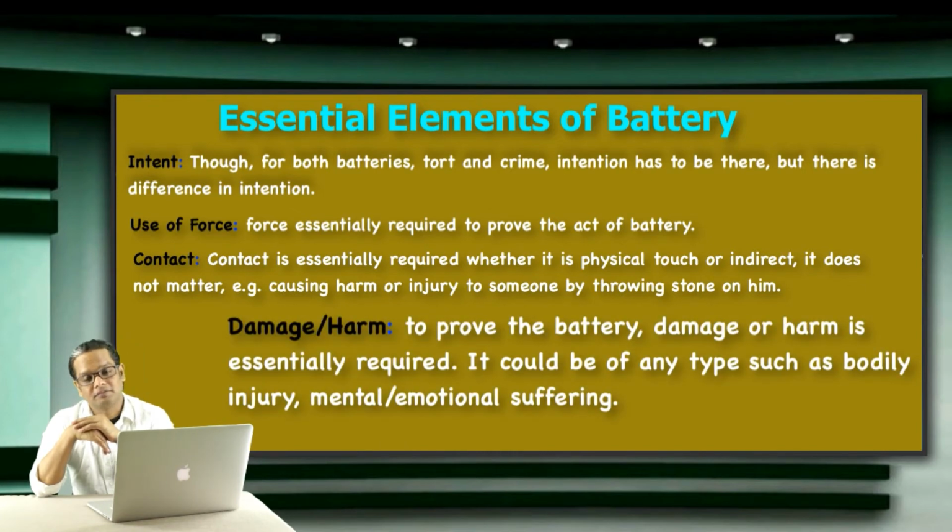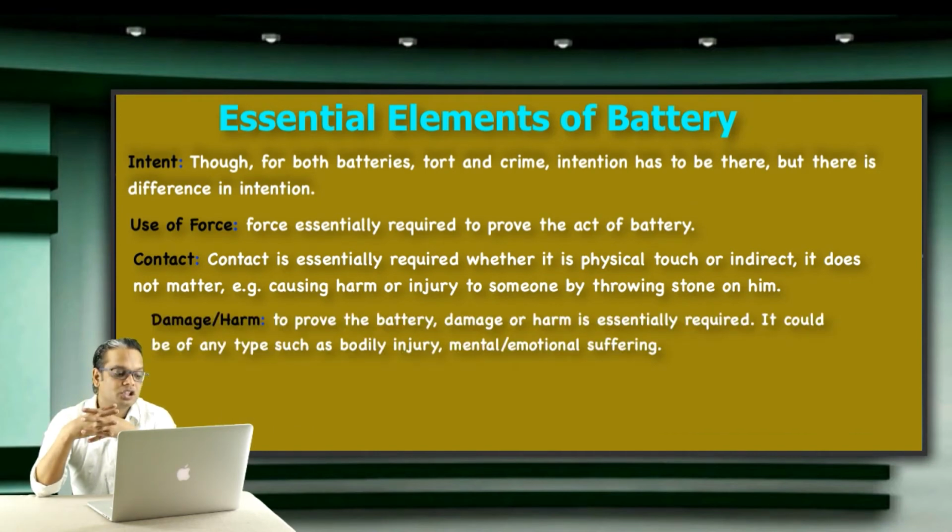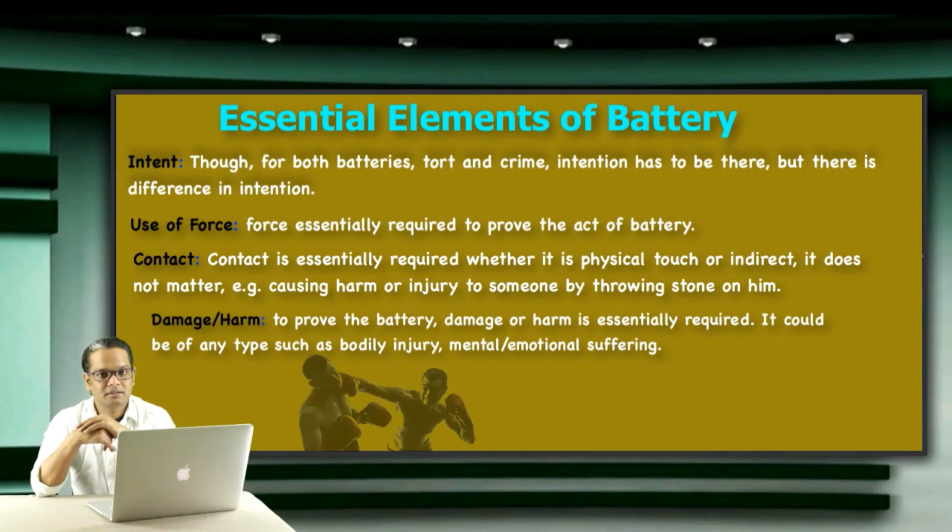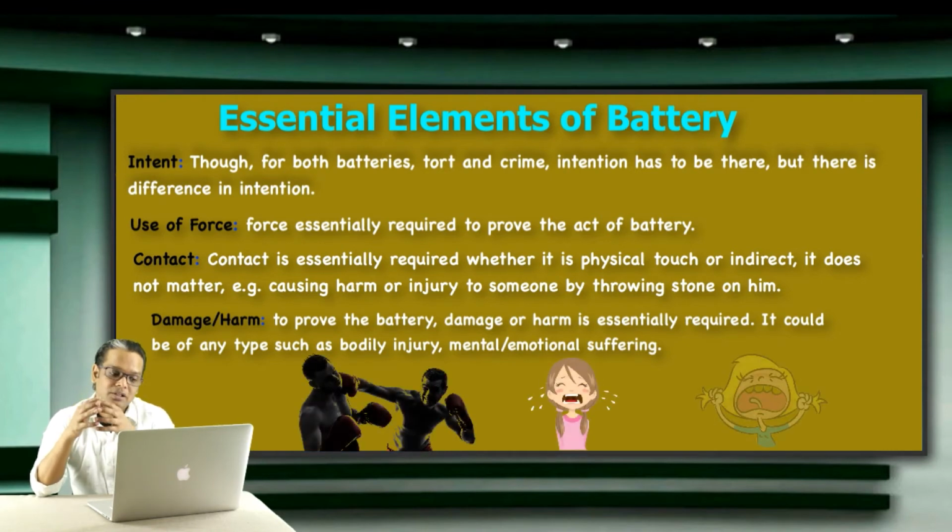Damage and harm is another essential element: your intent plus action, that is the force you applied, must cause some injury, only then it will be considered battery. So, injury or damage is essentially required. However, such damage or injury could be of any type, maybe physical, emotional, mental.